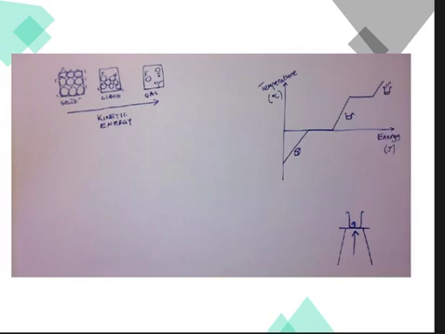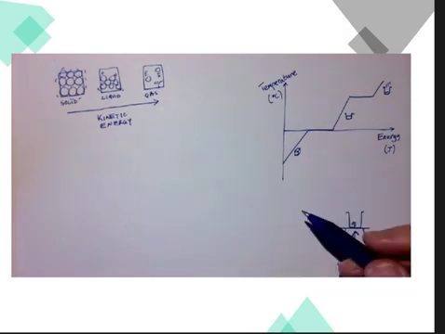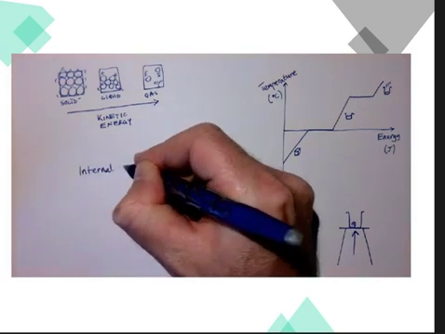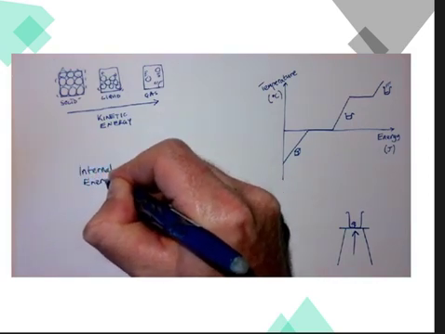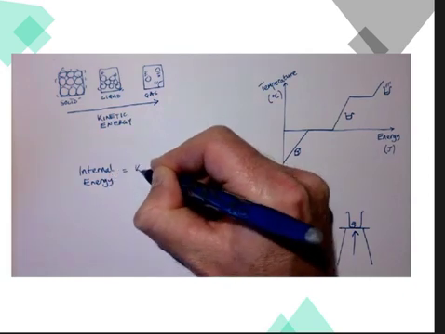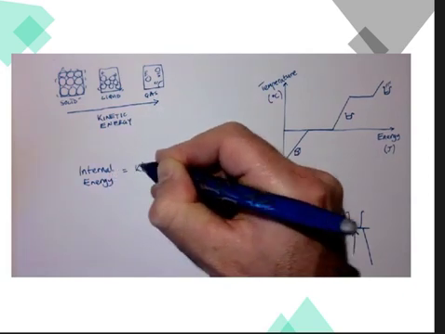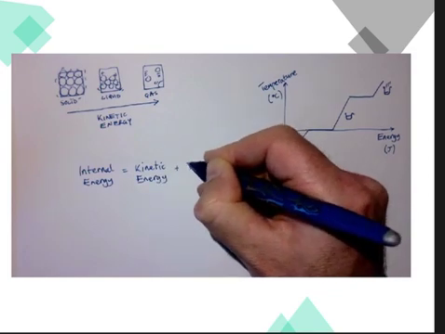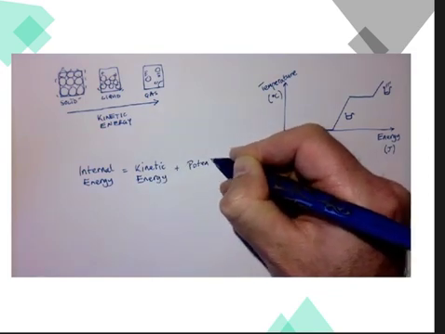And so in this material in here, let's say this is water, we call this the internal energy of the water. The internal energy is made up of the kinetic energy and the potential energy.